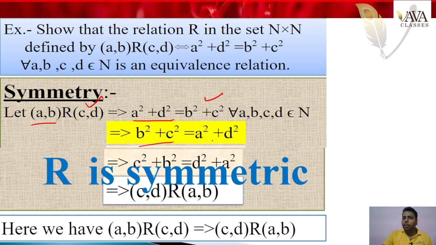So we can write b square plus c square equals a square plus d square. That implies c square plus b square equals d square plus a square, that is, (c, d) is related to (a, b). So (a, b) related to (c, d) implies (c, d) related to (a, b). So R is symmetric.